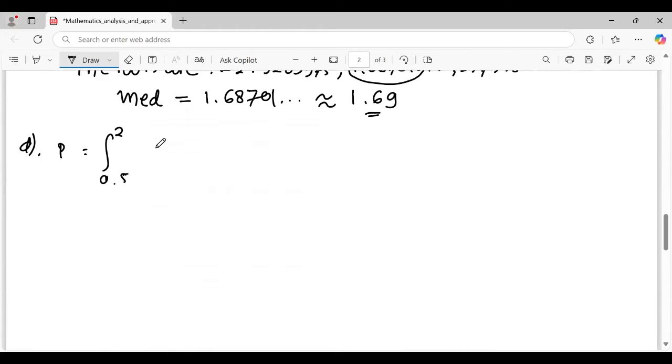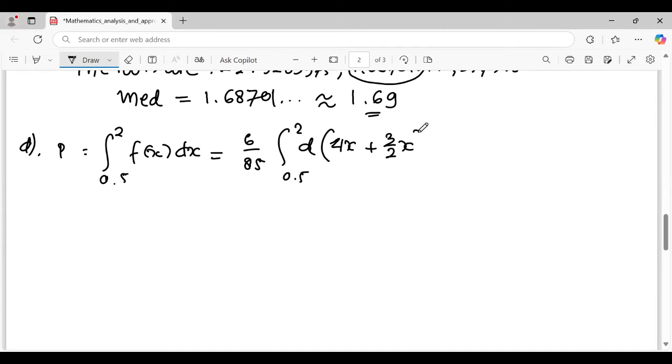Okay. So the integral of f(x) dx becomes 6 over 85 times the integral from 0.5 to 2, and the antiderivative is 4x plus 3/2 x squared minus 1/3 x cubed.